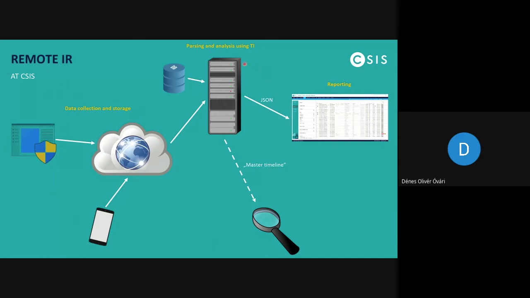Our backend then fetches the data from the cloud and analyzes it using our own threat intelligence, and then it creates a report that is shown on our portal for our customers. Also, in the meantime, we can create master timelines from some of that collected data that we can use in order to verify the IOCs or possibly discover new IOCs. We are using Plaso for that.